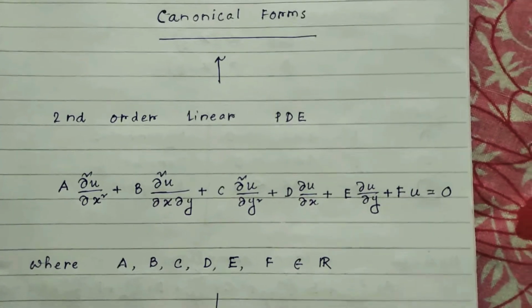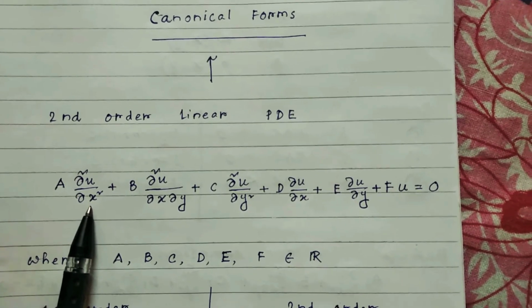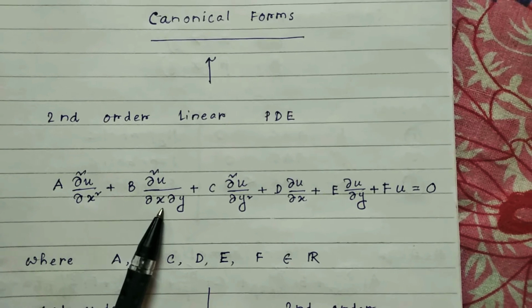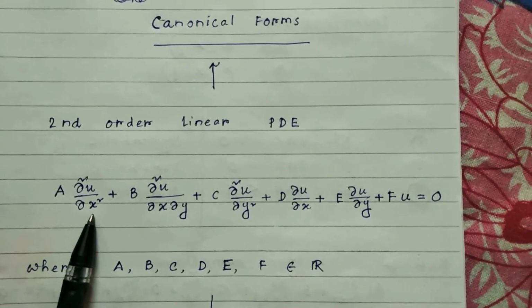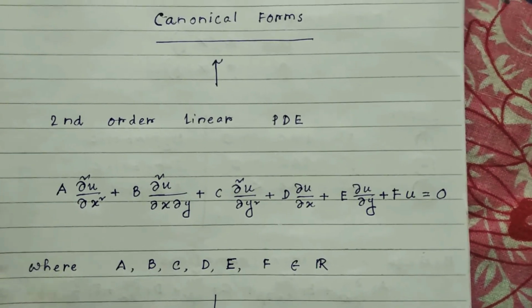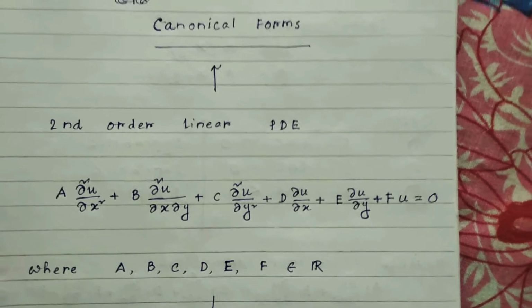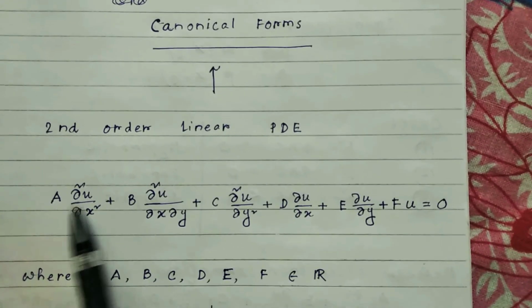The simplest technique is to change the independent variables. You take some functions of the independent variables. Suppose you take alpha and beta to be two functions of x and y, and substitute them here, and you can reduce some of the terms depending on the constants.